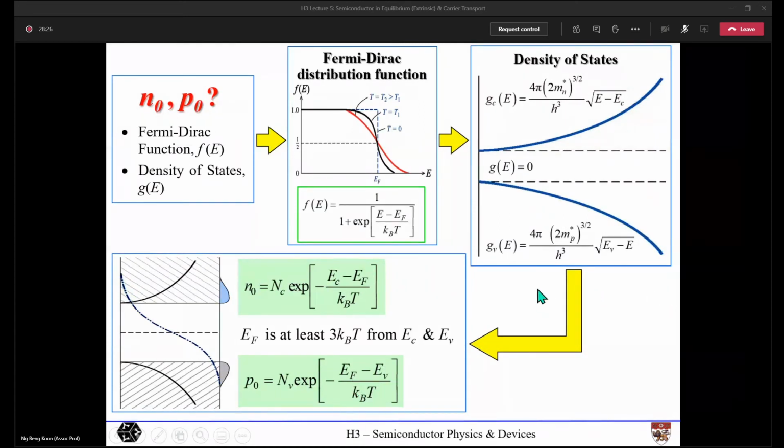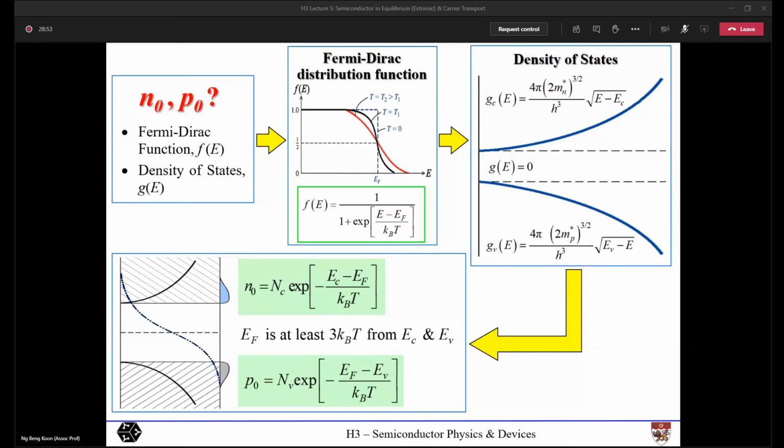Now take note that in deriving these two expressions, an assumption was made: your Fermi level must be sufficiently far away from the conduction and valence band edges. If this condition is true, then these two expressions are valid. We also mentioned what is considered sufficiently far away from the edges.